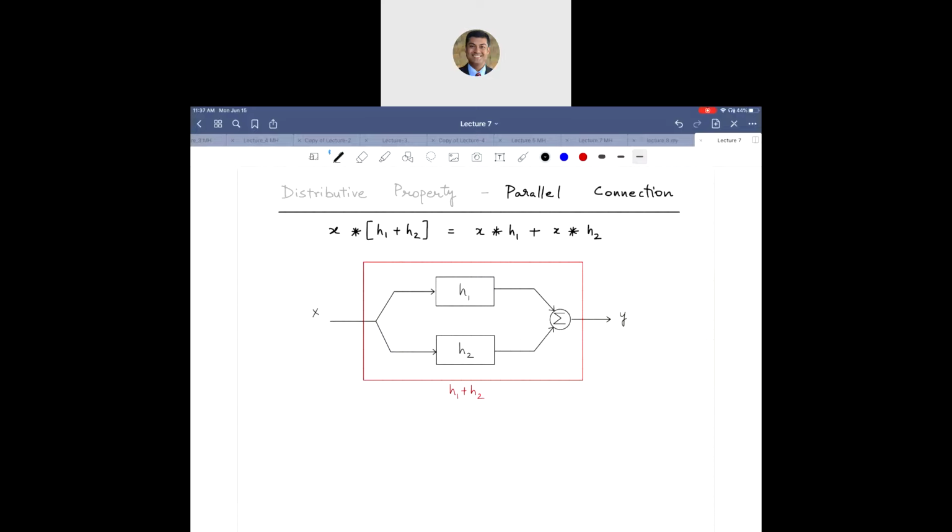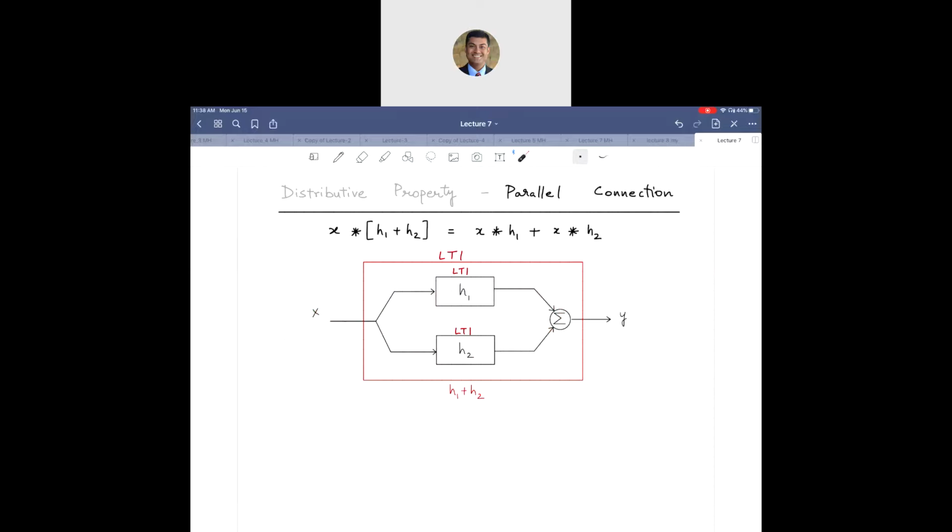So if you have two systems over here, say they're all LTI, and the overall system will be LTI because it comprises things that are LTI and a summer. You have two paths here. This is a parallel connection. X goes through H1 here and X goes through H2 here.